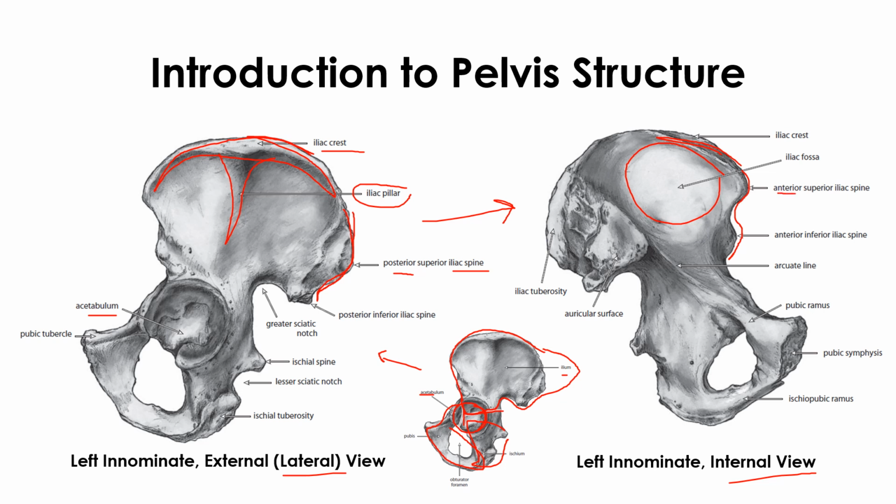On the top side you will see the superior, and the lower side you will see the inferior. So we have the posterior superior iliac spine, posterior inferior iliac spine, anterior superior iliac spine, and anterior inferior iliac spine. These are the parts.